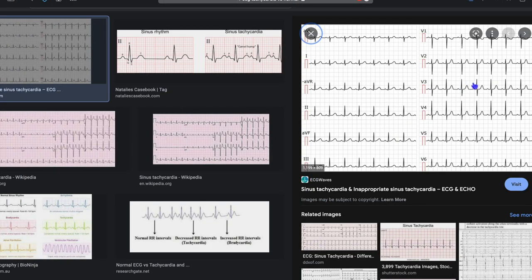So 1, 2, 3 and a half, right? So when you have 3 boxes, it's usually 100 beats per minute, so BPM, right? So basically, if you have 1 box, it equals 300 beats per minute. If it's 2 boxes, generally it's 150 beats per minute. 3 boxes 100, 4 boxes 75, 5 boxes 60, and 6 boxes is 50 beats per minute. Okay, that's like bradycardia then. So that's how you figure it out.